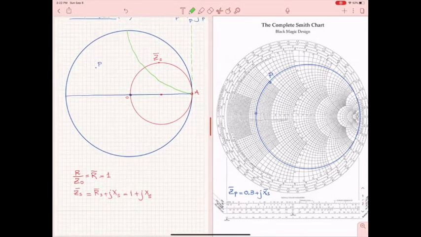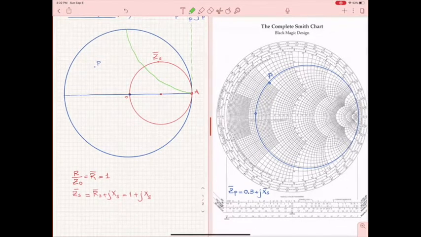Now, all of the green points have the same imaginary part.